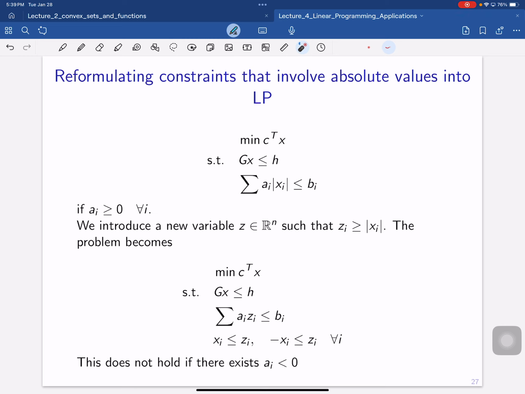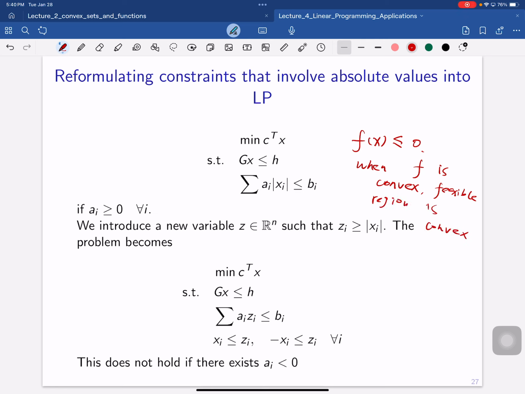Another takeaway you will find in the future is that when you have a convex function on the left-hand side of a constraint, f(x) less than or equal to 0, when f is convex, then the feasible region is convex.